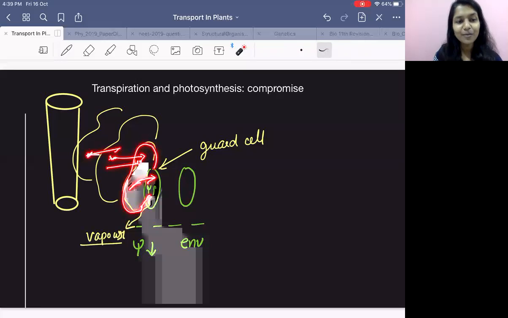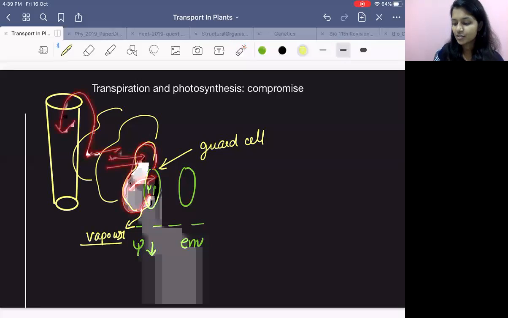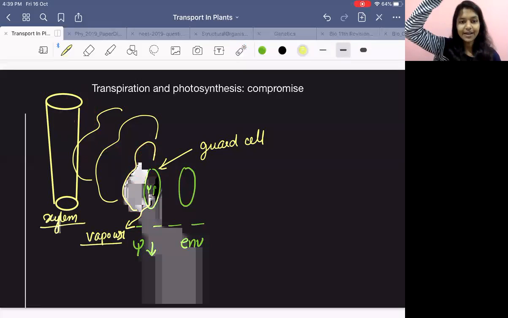Finally, this will keep on happening. And this will reach where? Xylem. And this is going to create what? A force. This is going to create a force which is done by transpiration, and this is called transpiration pull. Does anyone have any doubt?